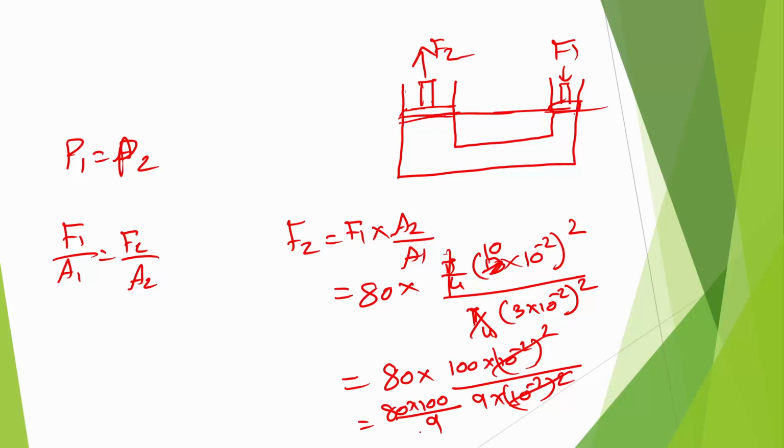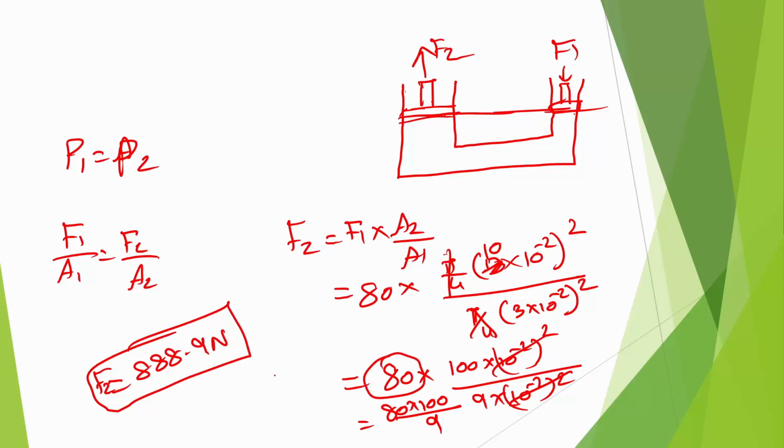Simplifying this, we will end up with 888.9 Newton. So this is the output load you get. I have applied a load of 80 Newton, whereas I'm ending with the value of 889 Newton. So the force is being multiplied so much. So this is case 1.